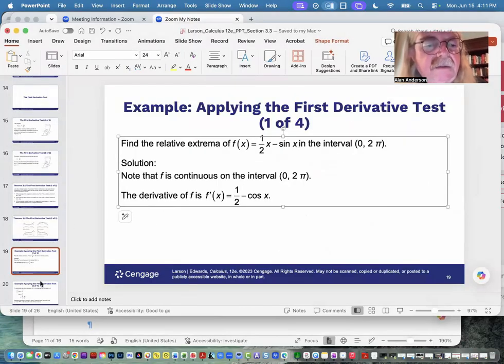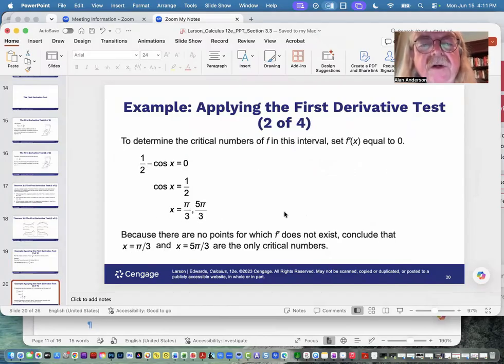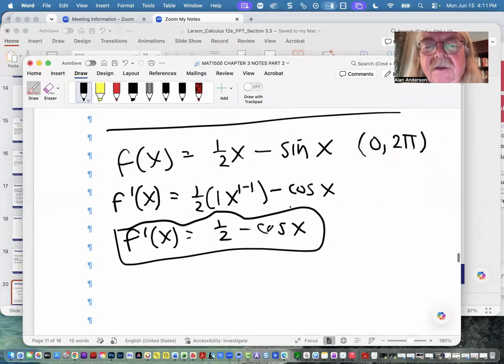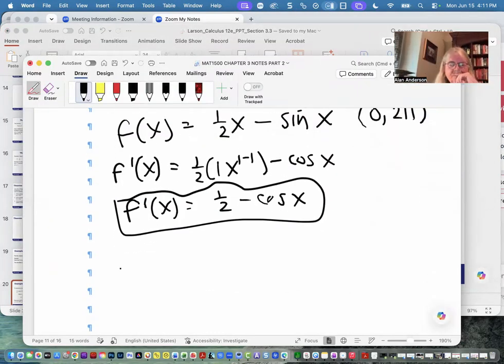Okay, so first we need to find where the derivative equals 0. So let's do that first.